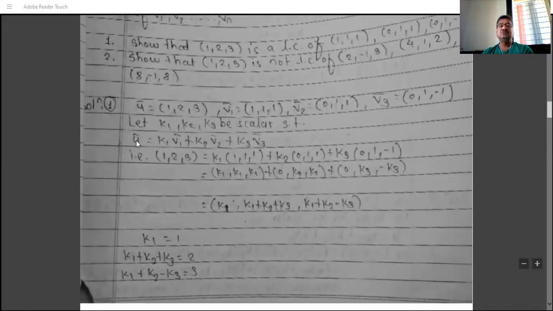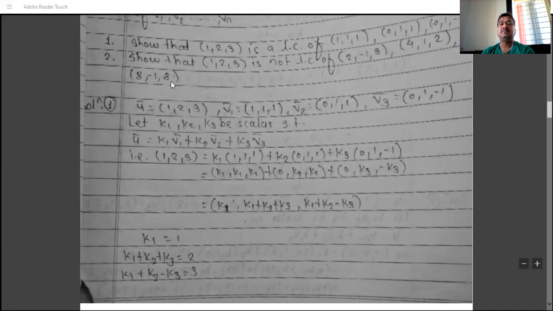If k1, k2, k3 do not exist, that is, for any values of k1, k2, k3 u bar is not expressed in this form, then we say that it is not a linear combination.